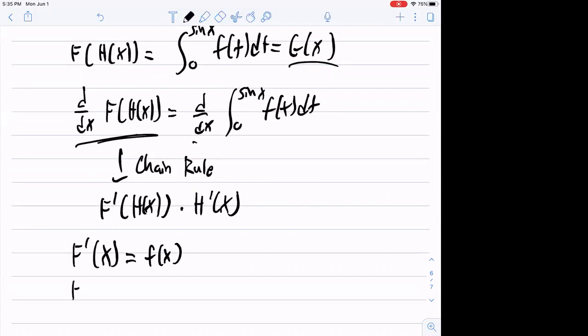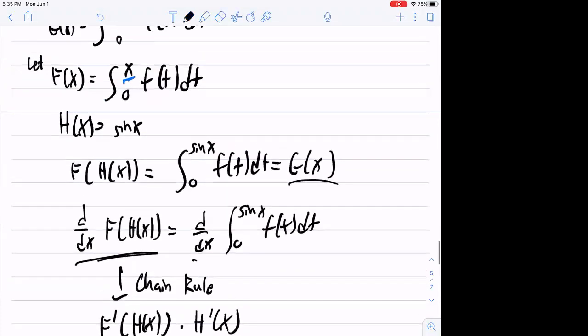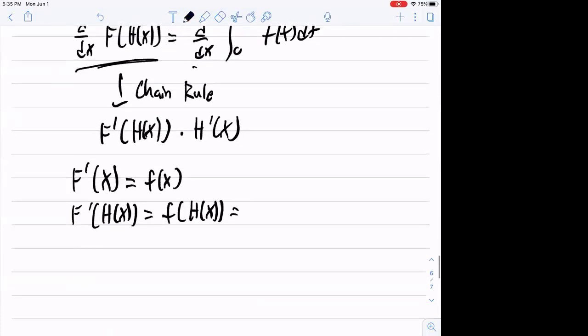So what is f prime of h of x? I plug in h of x for x, right? h of x is sine x, so f of sine x. And then I multiply by h prime of x, which is cosine of x.